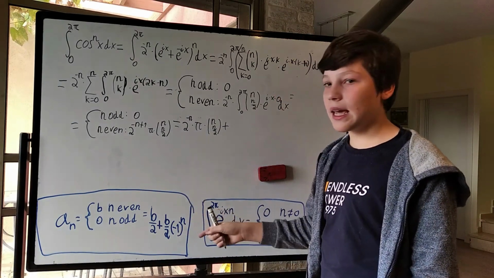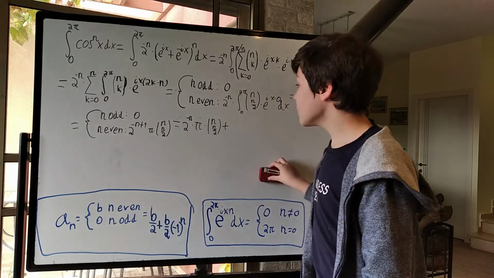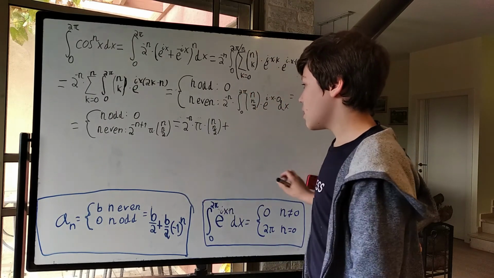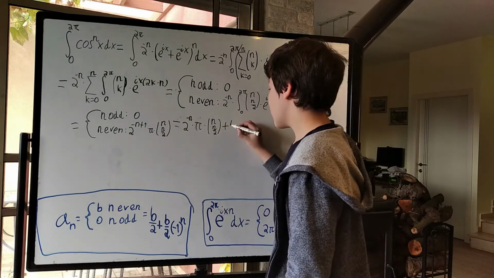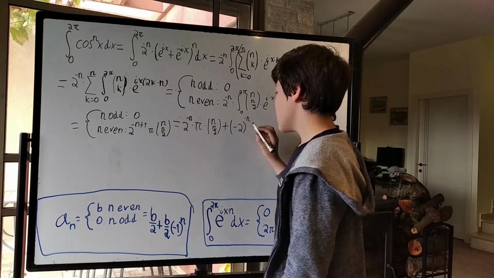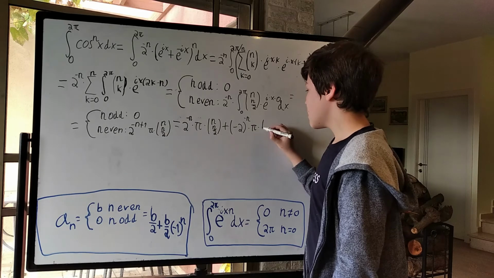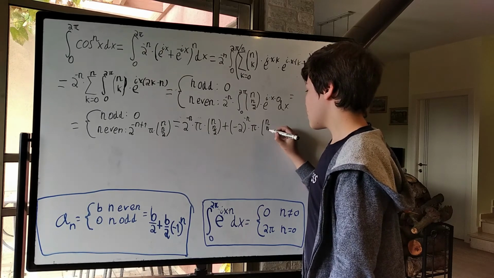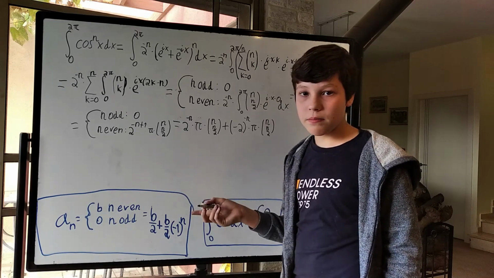The negative 1 to the n can also equal negative 1 to the negative n. So we can combine it into the power of 2 to the negative n, and we'll get negative 2 to the negative n plus negative 2 to the negative n times pi times n choose n over 2. And that's it, that's the final answer.